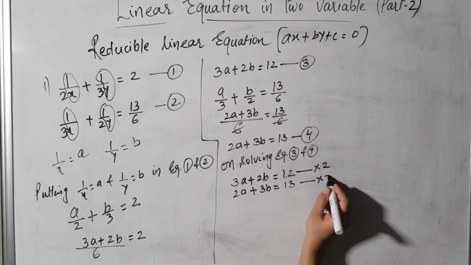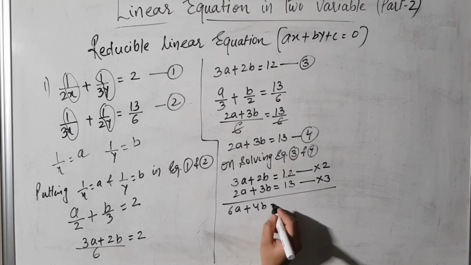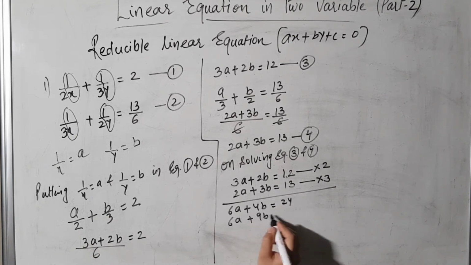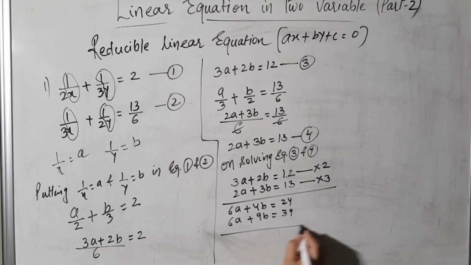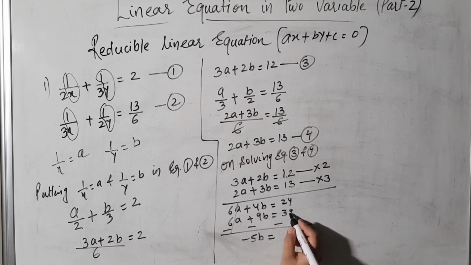So we'll multiply this equation by 3. So we'll get 6a plus 4b equals 24, and 6a plus 9b equals 39. Thus on solving, we'll get minus 5b equals 24 minus 39, that is minus 15.